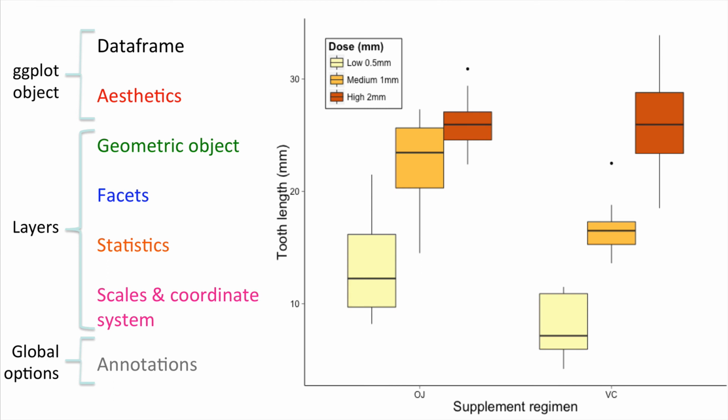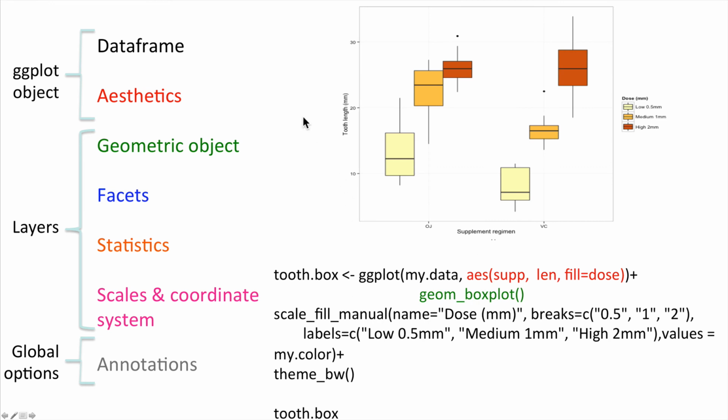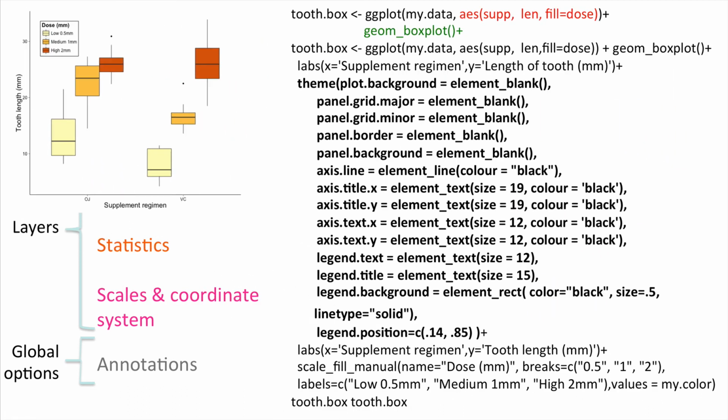The final step to get the figure looking perfect takes a substantial jump in the number of lines of code that have to be written. And this is just because there's many small tweaks that have to be made, such as changing the size of the axes titles, the size of the axes labels, etc. Here you see we've abandoned the theme_bw and replaced it with one that we've manually written, simply plus theme.